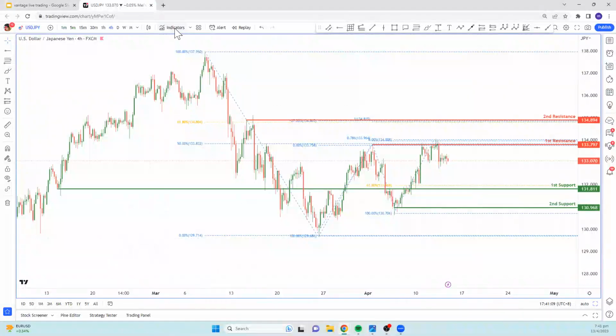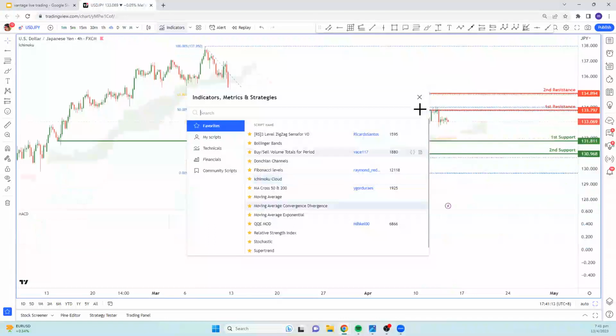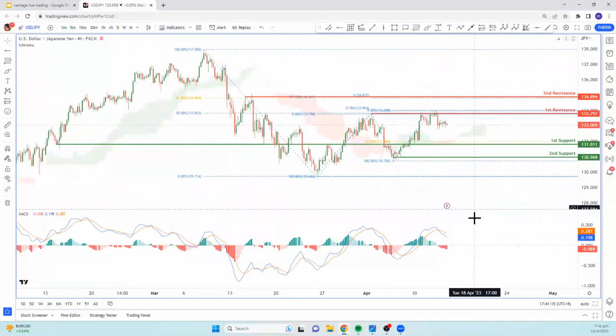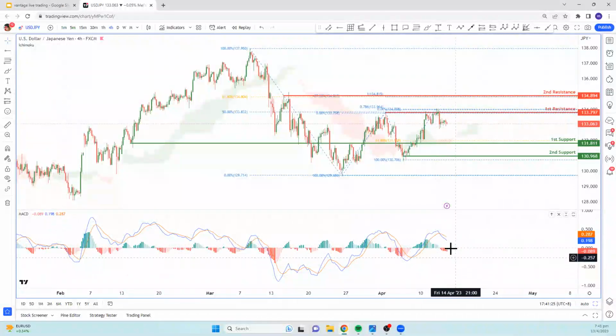Okay, so now let's pull out our indicators, Ichimoku and MACD. So here, price is moving above my Ichimoku cloud, giving us a bullish signal, whereas our MACD is giving us a red area, which is a bearish signal.